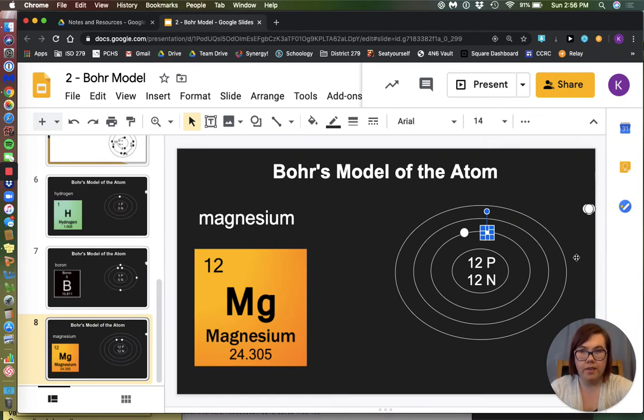Now, if I think about it, I know my next ring fits 8. Well, if that ring fits 8 and I already had 2, that's a total of 10, and I need to draw 12. So I'm going to have a full second shell. So I'm going to go ahead and fill up that whole shell, and then we'll figure out how many more I still need. Again, as we're drawing these electrons, it is just really good to practice.